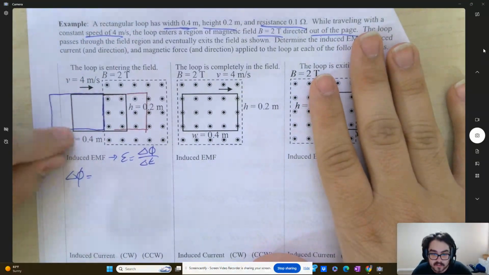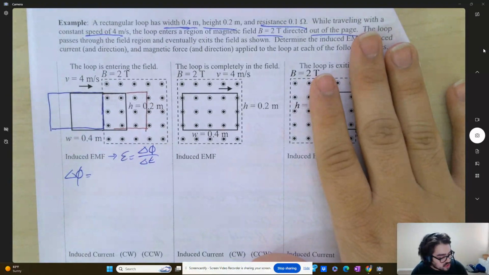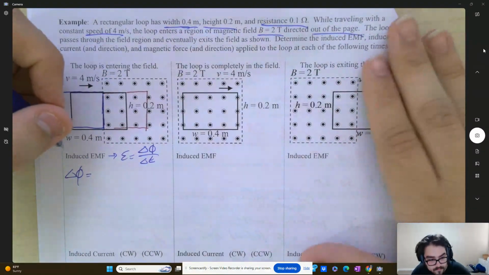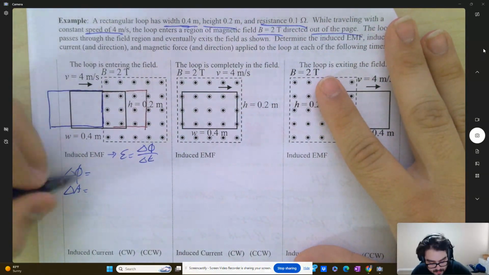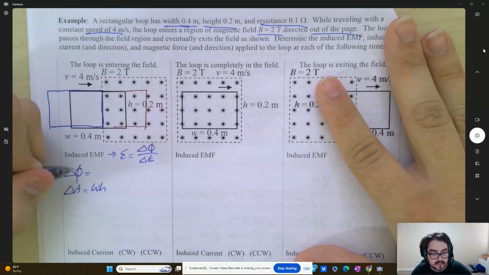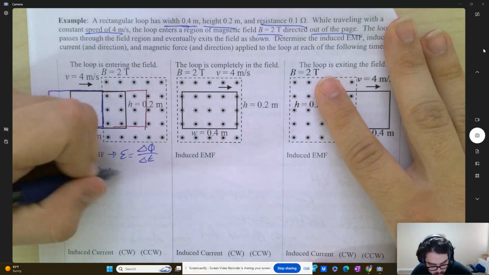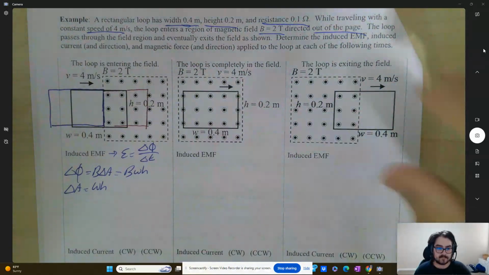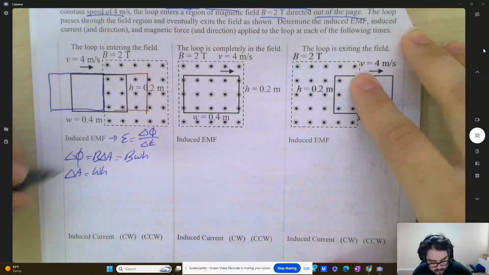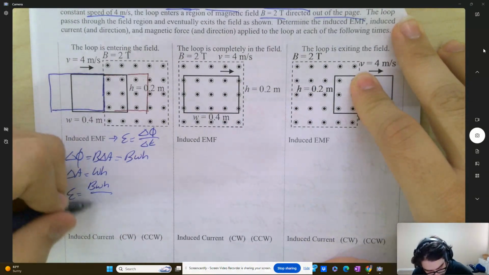Initially, how much area is in the field? 0. Then at the end, how much loop is in the field? All of it. So the change in area is the whole thing, W times H. So then the change in flux would be B times the change in area, which is just BWH. Plug that into the epsilon, and you get epsilon equals BWH over delta t.